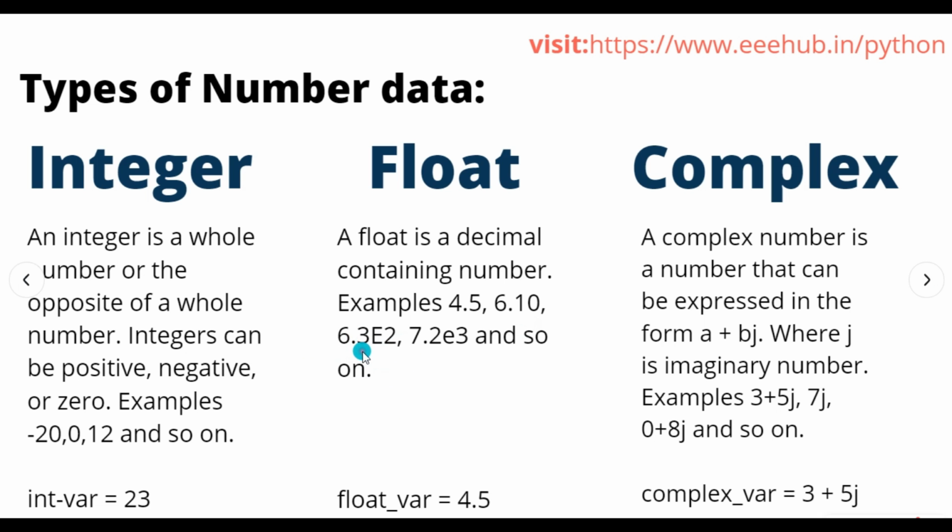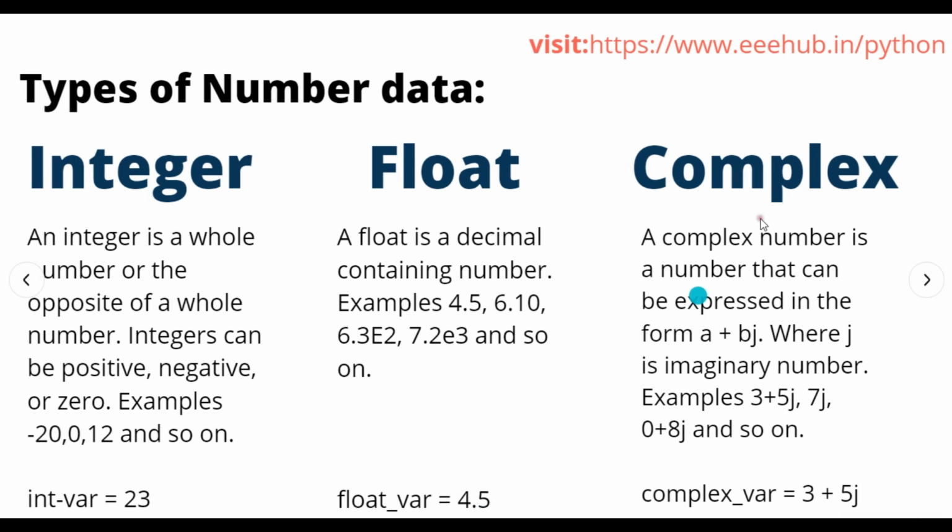This number is equivalent to 6.3 into 10 to the power 2, and this number contains a decimal point, so this number will be a float data type. And fourth example is 7.2E3, that is 7.2 into 10 to the power 3, and this is also a float number because it contains a decimal point. So we have created one variable float_var which has a value 4.5 in it.